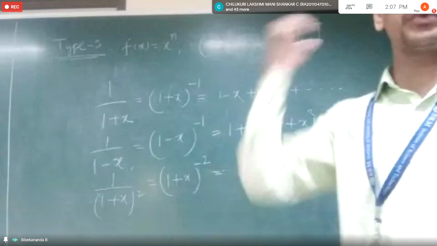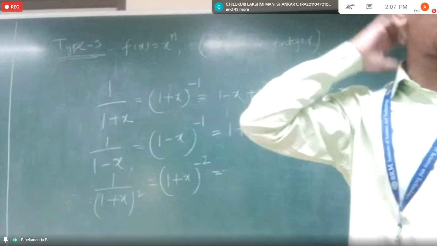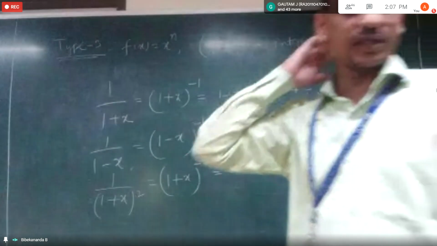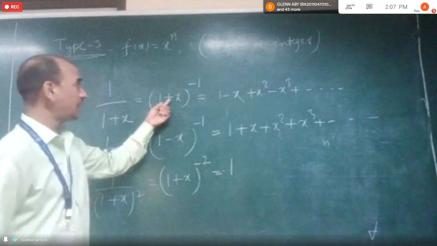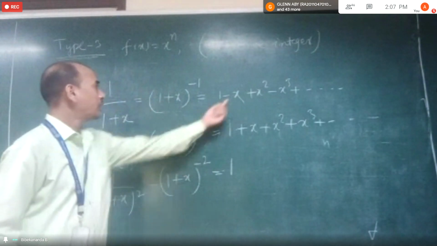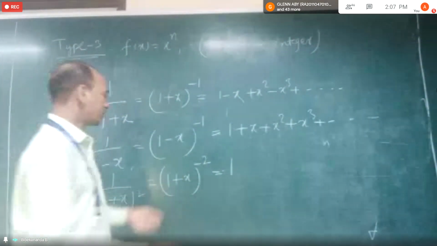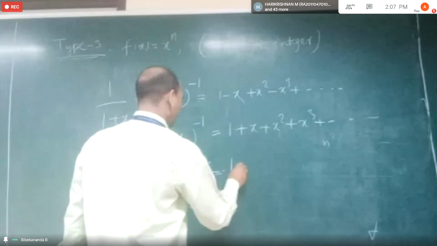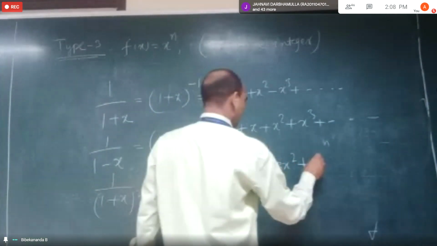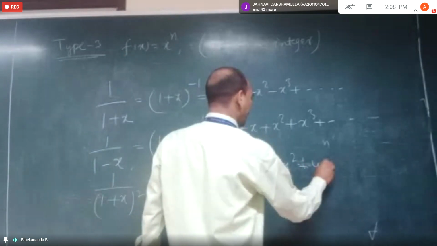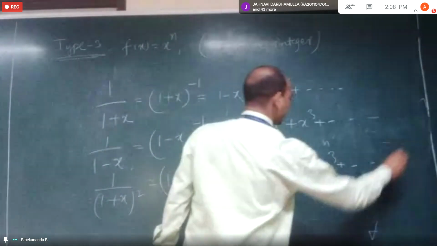Then how can we write the power series expansion of this one? It is again like this only, but the coefficients will change. So what will it be? 1 minus 2x plus 3x square minus 4x cube and so on.